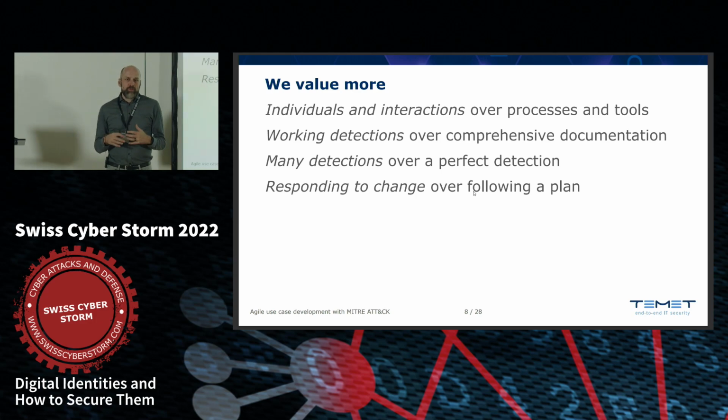And in the meantime, they have no other detections implemented because of the resource constraints we all face. And so I say it's better to have many detections that are working than the one which would in theory be the perfect detection, because if it's just in theory and just on paper, it's not effective and it does not really bring value. And it's also better to have many detections in many different places in your environment, because the chance that an attacker gets detected that way is higher than if you have a detection only in one place.